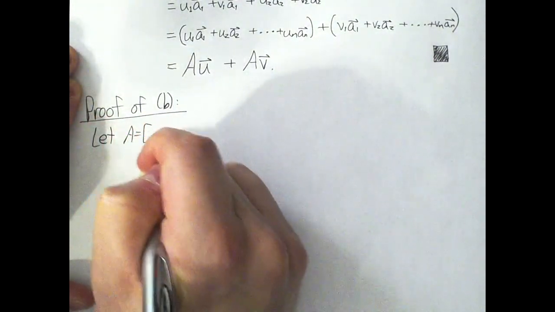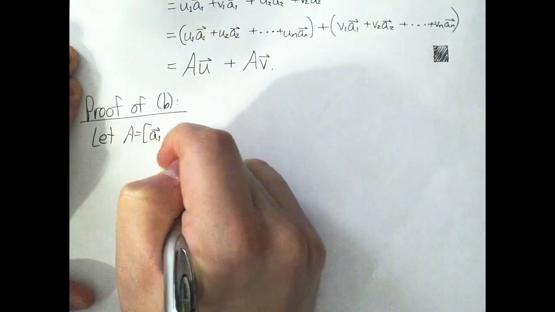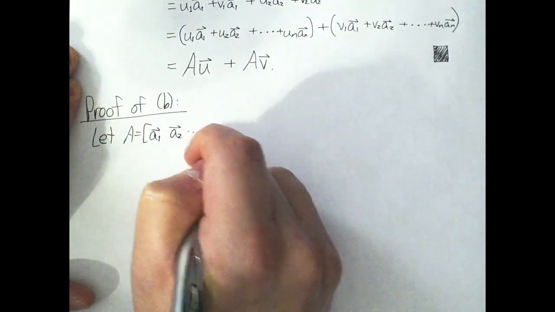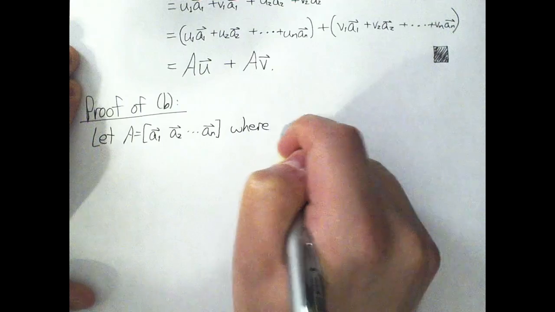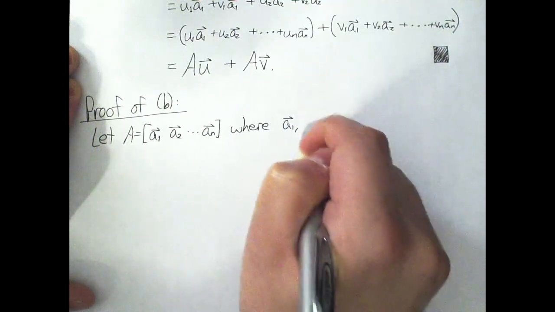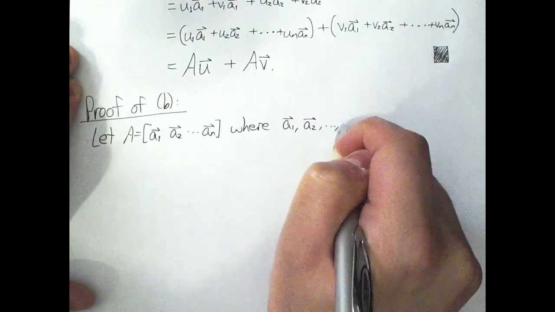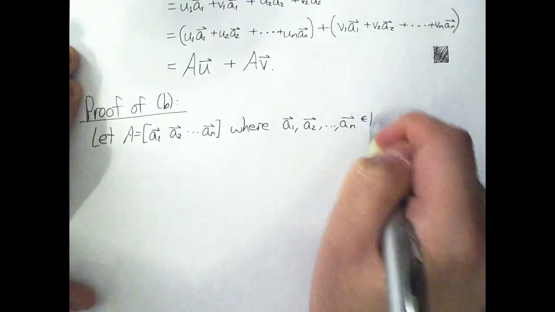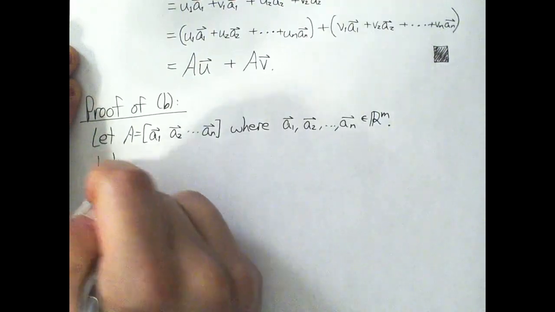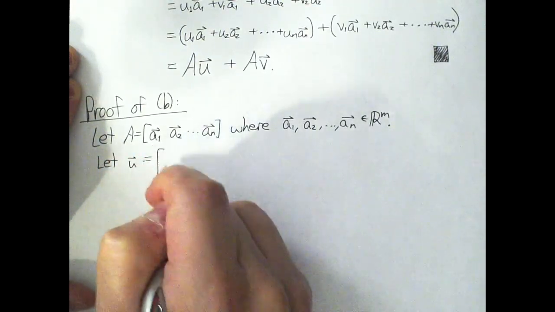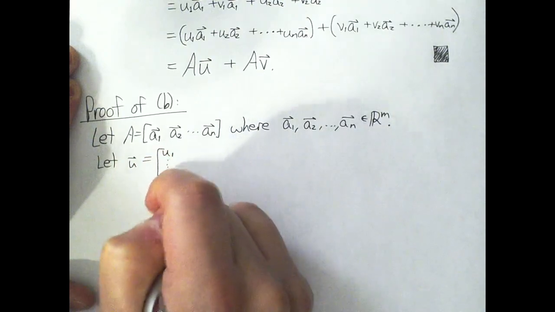First, I started this in a very similar way. I said let A equal this, where A1, A2, etc. are all in Rm. I said let U equal U1 through Un.